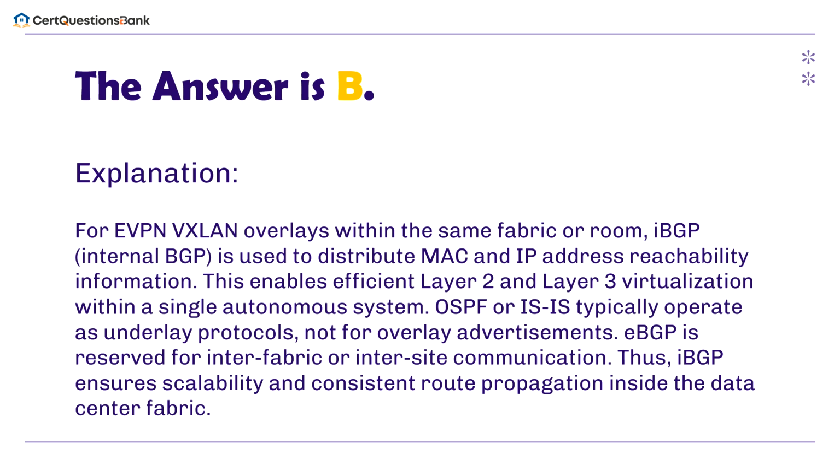OSPF or IS-IS typically operate as underlay protocols, not for overlay advertisements. EBGP is reserved for inter-fabric or inter-site communication. Thus, IBGP ensures scalability and consistent route propagation inside the data center fabric.